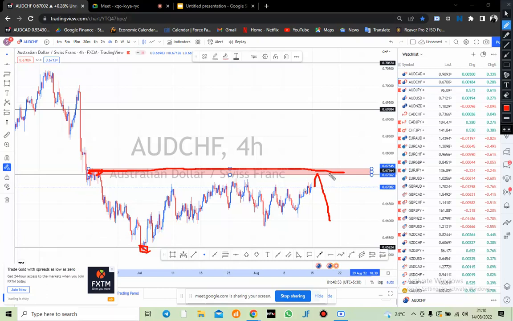The second rule is that when the price reaches this resistance, I'll wait for a confirmation. Like I said, most of the time the market might reach resistance and not reverse immediately. For instance, it might reach this resistance, reject, reject, and finally you see a morning star pattern that breaks the previous lows.